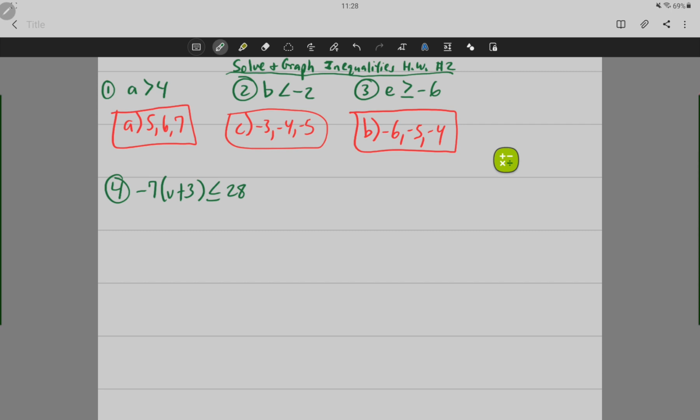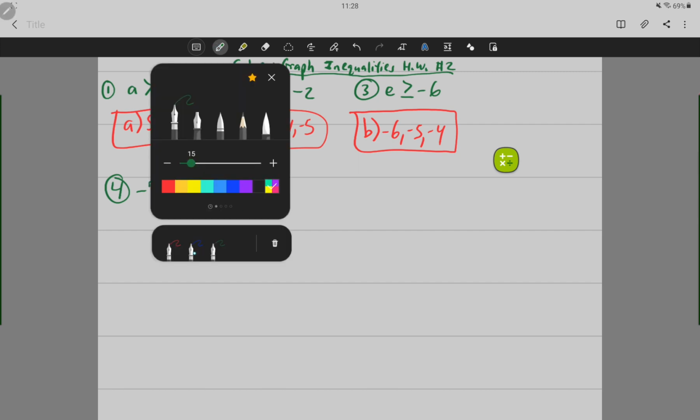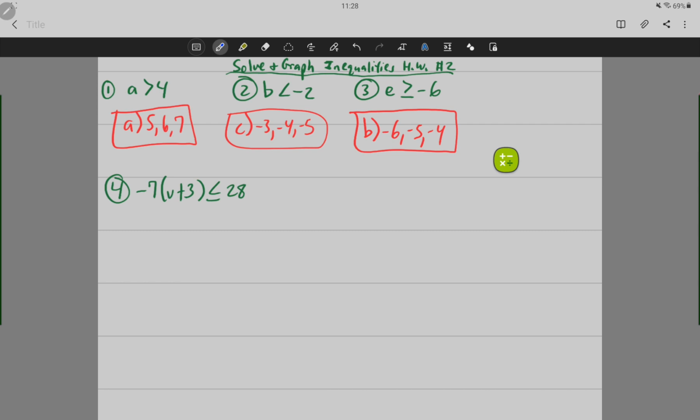So just like how with equations we have different ways of solving problems with parentheses, same thing with inequalities. Of course, we can distribute the -7, which means -7 times v, and then -7 times +3. Of course, we can do it that way.